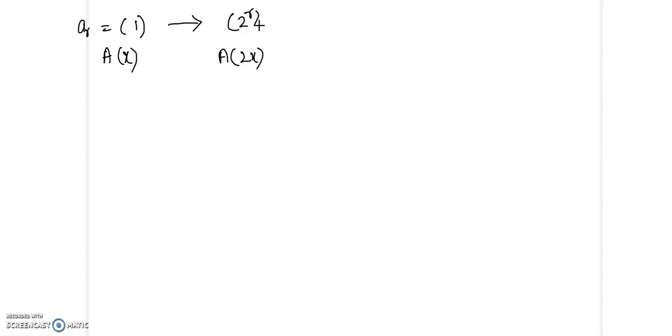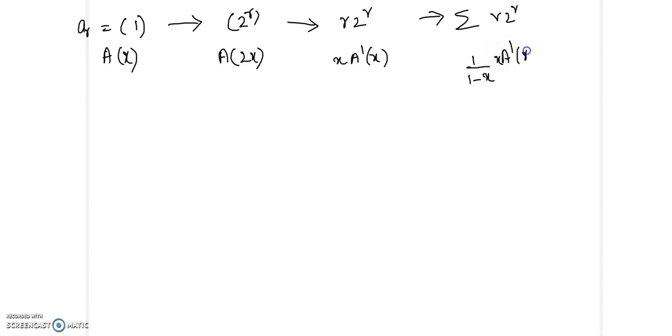And then what we want is r 2 raised to r. To get r 2 raised to r, we need to take x into a dash of x. Next we need summation r 2 raised to r. So that will be given by 1 by 1 minus x into x a dash of x. So this is how we obtain the required generating function.